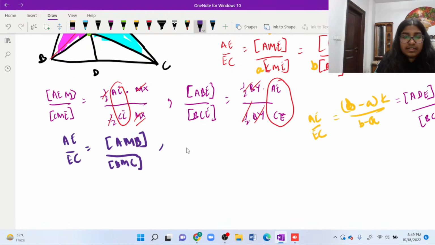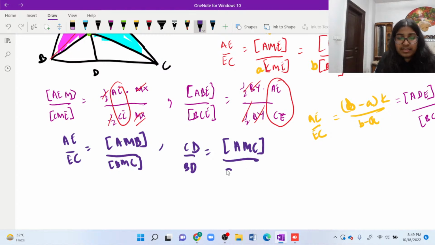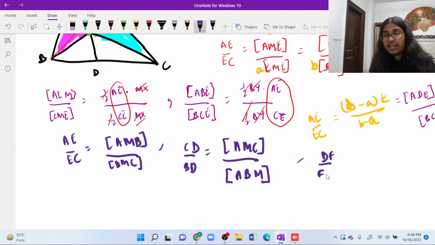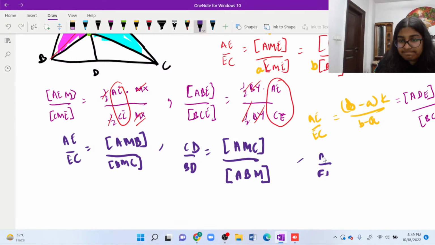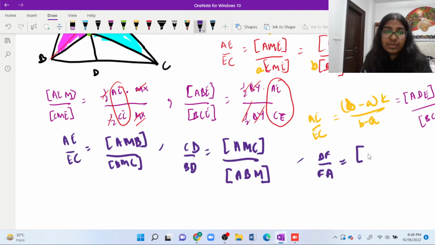Similarly, we can say that CD by BD equals area AMC by area ABM, and BF by FA equals CMB by AMC.